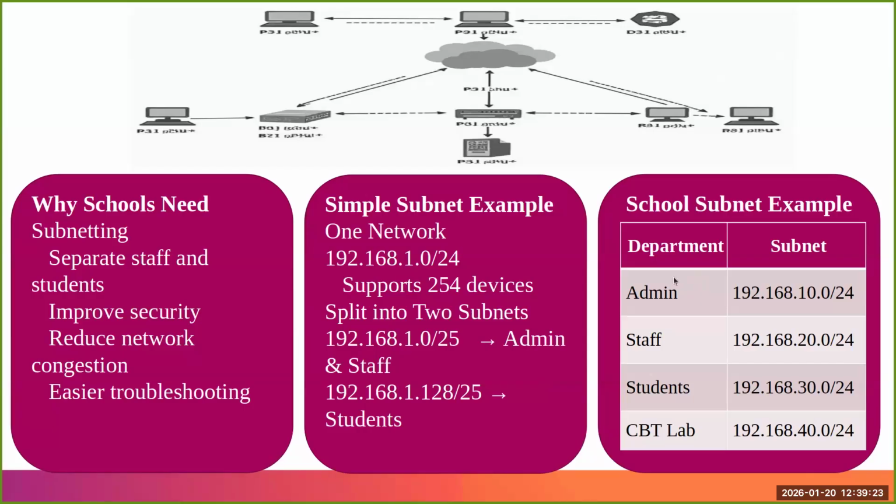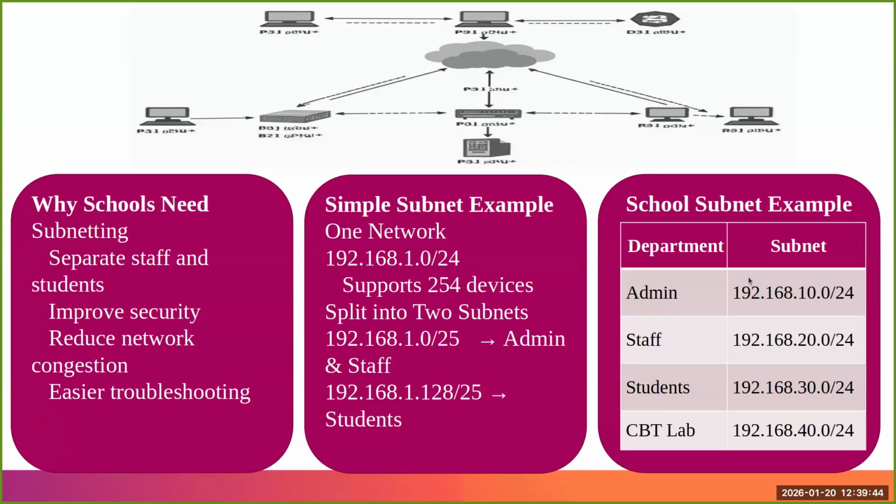Now, looking at this diagram here, this table here on our right, the school subnet example, we can decide to have different departments having different IP addresses, as I said earlier, or different classes, or different halls, or different groups having different IP addresses.